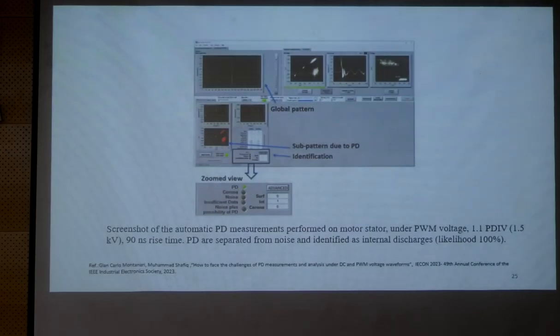In some of the references they have done this extensively and were able to separate, recognize and identify the faults, and to show that this particular type of discharge is occurring.